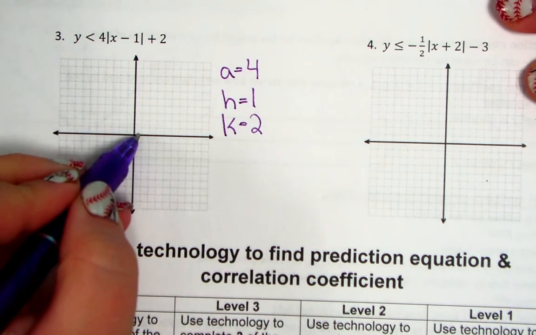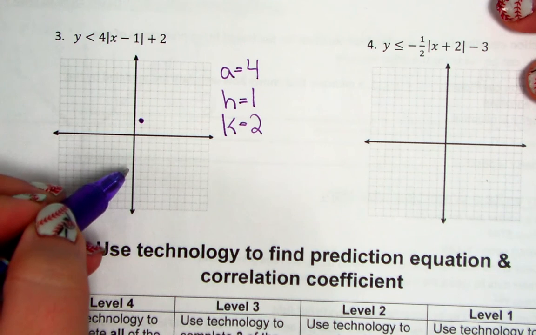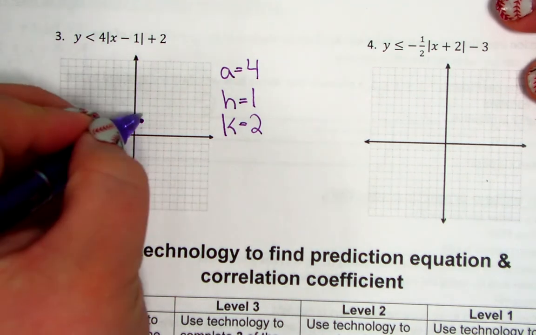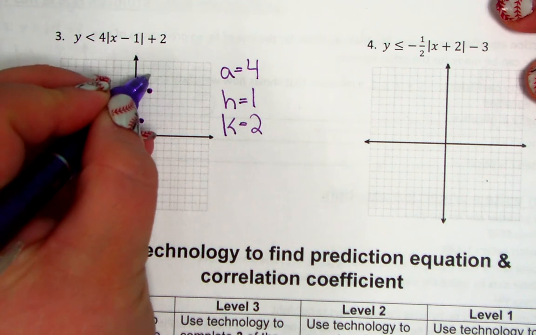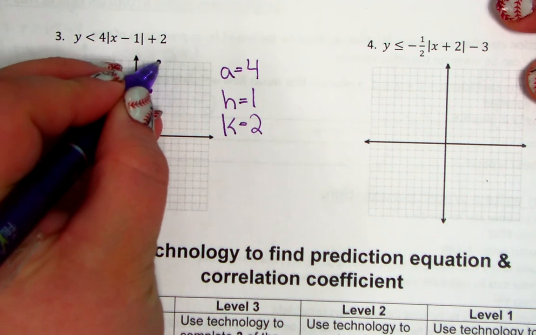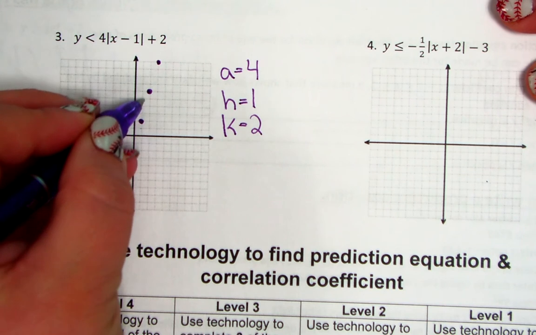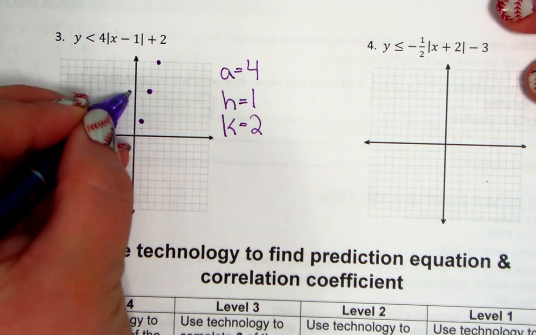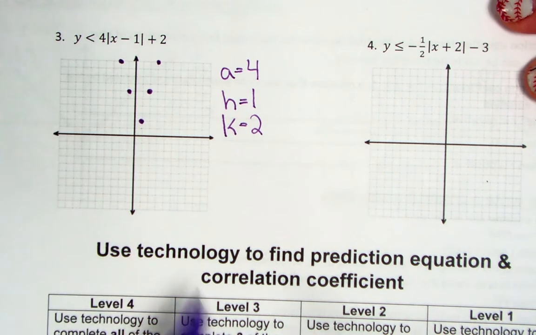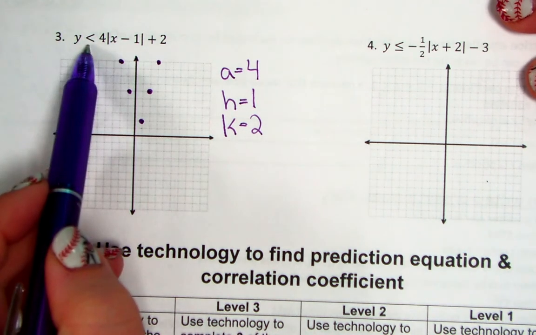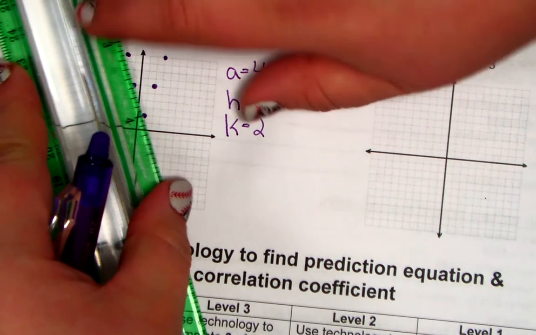This means that we're going to have a point at 1, 2, and we will be moving up 4 and right 1. And then to get the other half of the V, we'll move up 4 and left 1. It does not have an equal to, so we should be using a dotted line or dashed line.